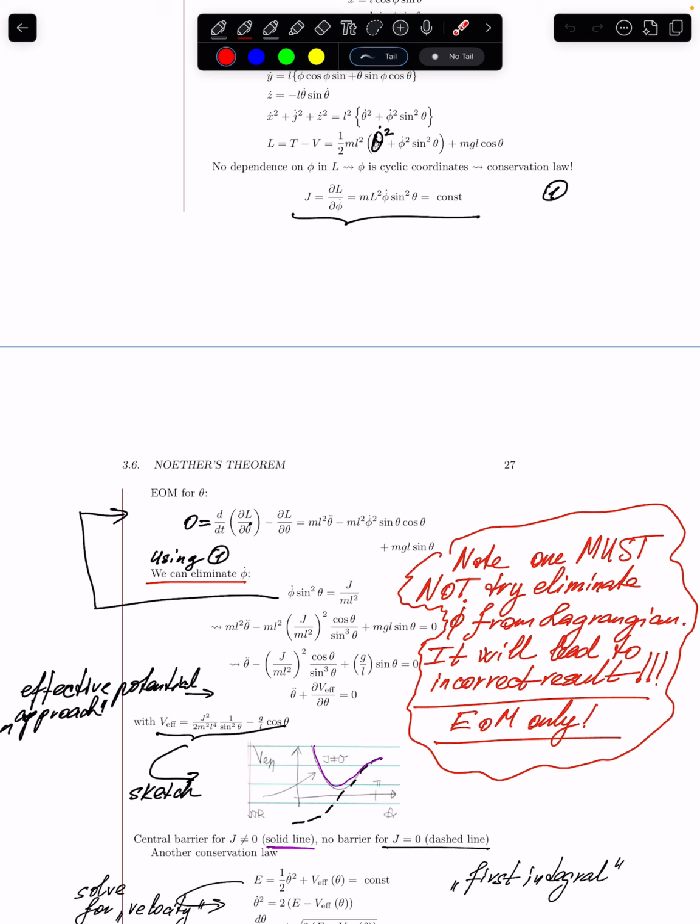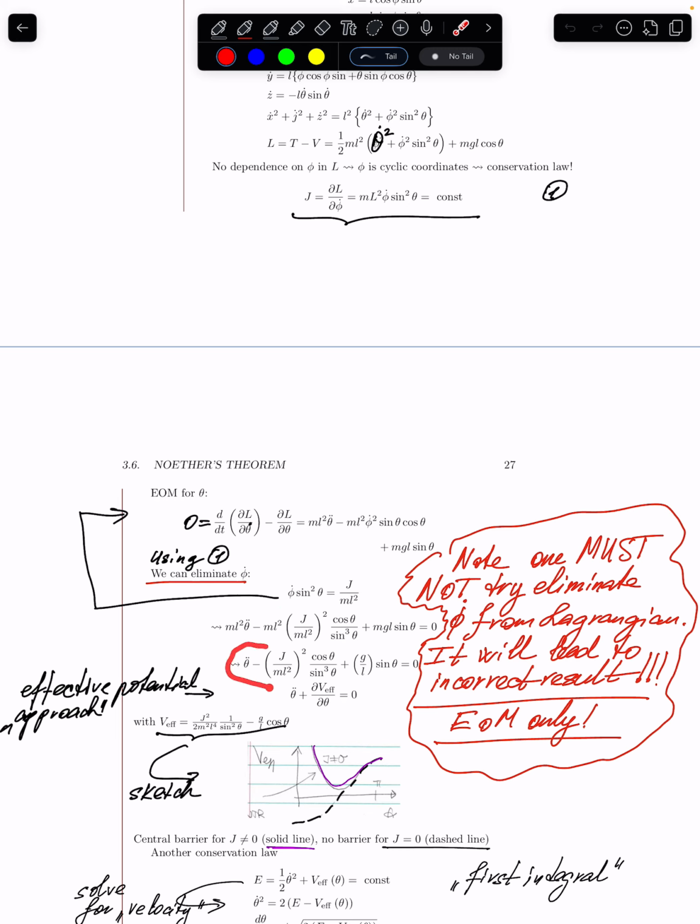This is exactly what I've done here, but instead I wrote phi dot times sine squared theta equals this combination. After this you can solve for phi dot and substitute it back into the equation of motion. Once you've done this, you are going to simplify this equation. So this is the resulting equation.